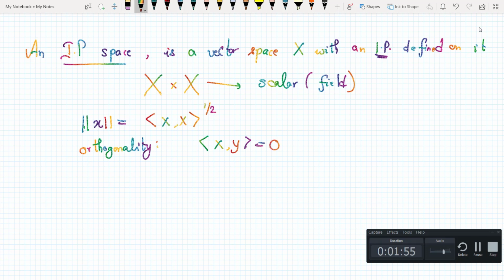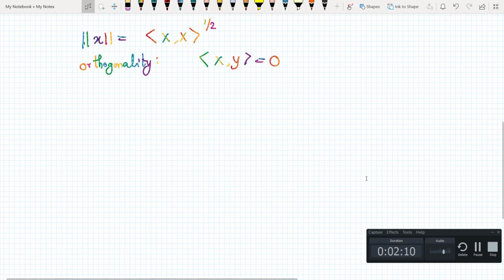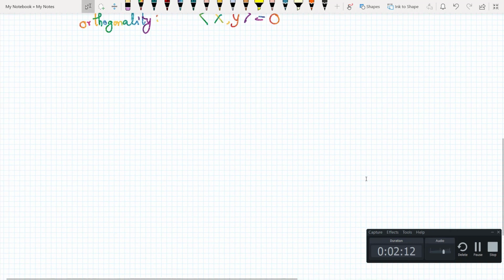And let us see what the properties of the inner product space are. Now, if I have elements, or should I say vectors, x and y in my inner product space, then these four properties should be satisfied.